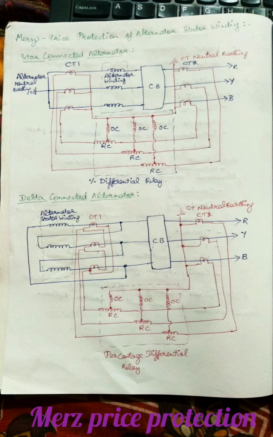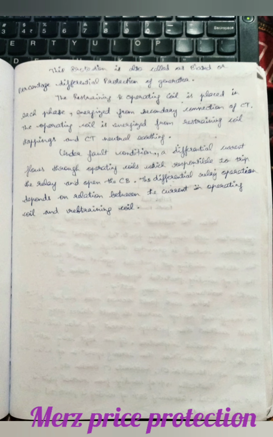So this is common in your star connected alternator, and the same principle, same kind of sensing, which means normal operation and fault conditions, happens in your delta type of connections also. As I said, the restraining and the operating coil are placed in each phase, and the energy comes from the secondary connections of the CT.